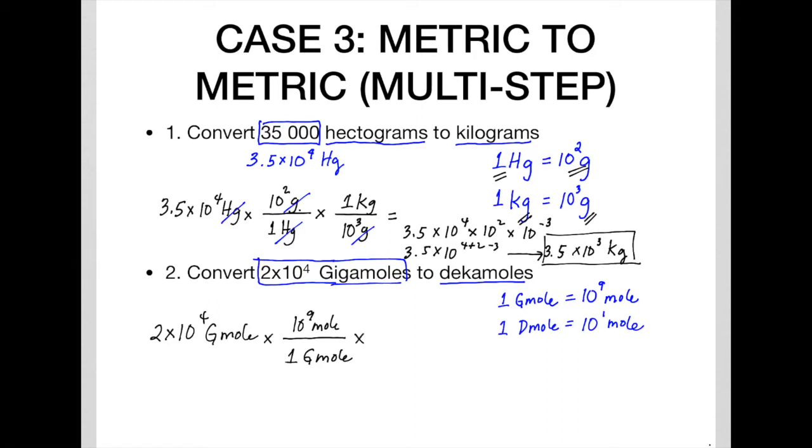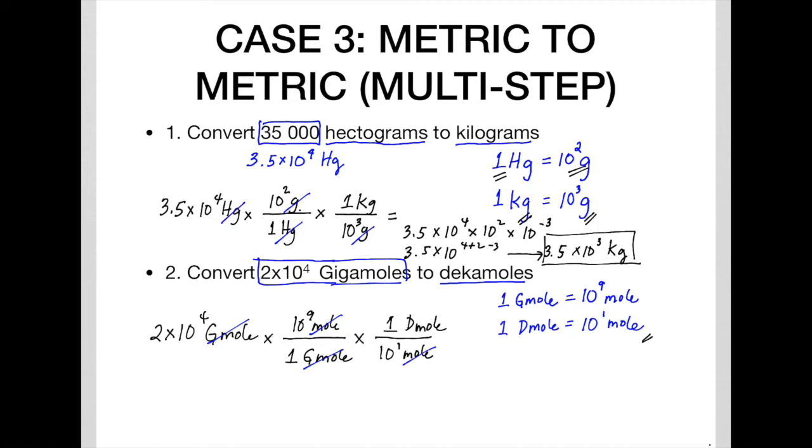Next, I will cancel my unit, so we have here gigamole. Since I'm still in the mole, I need to use this conversion factor, 1 decamole. So I will write here 10 raised to 1 mole and then 1 decamole. And then therefore, I could simply cancel my units.